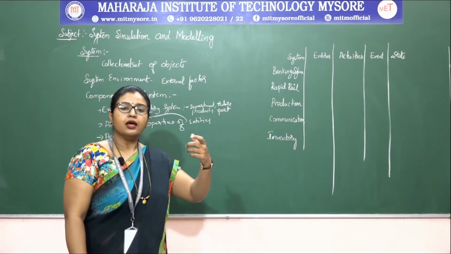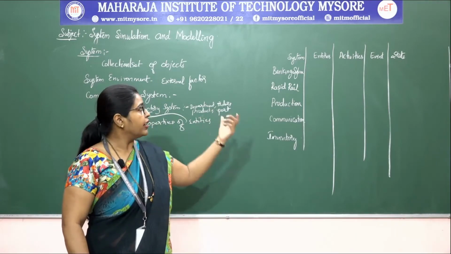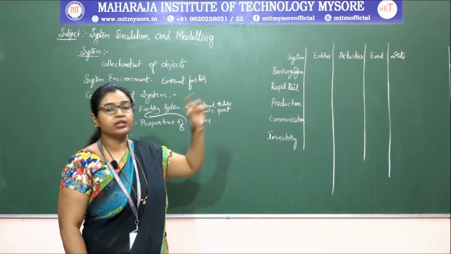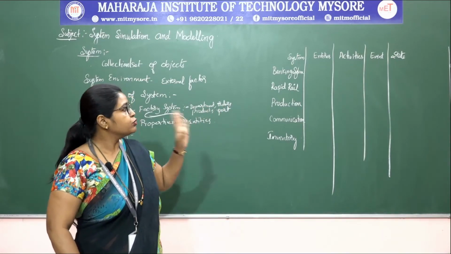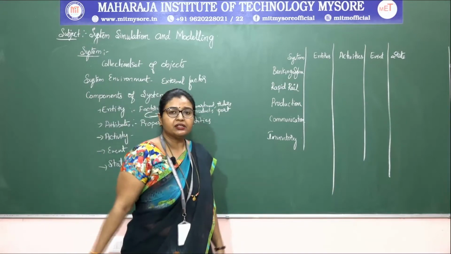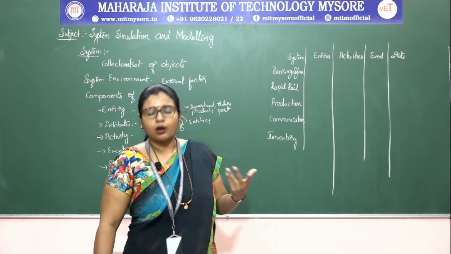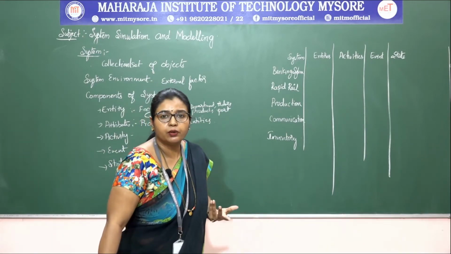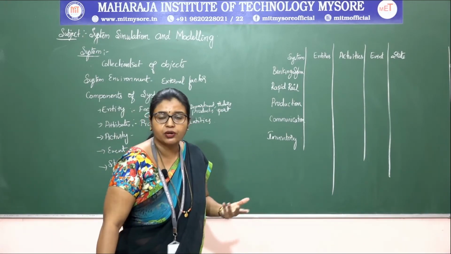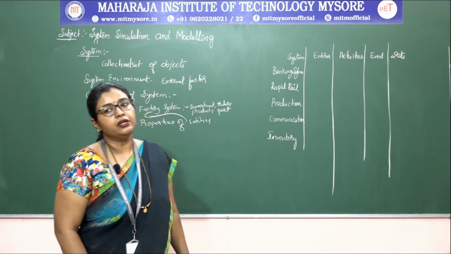If you are considering the entity as a customer in a banking system, by that time what are all the attributes? The attributes will be the name of the customer, the account information, the account number, or account balance, whatever we have. Those are all considered as the attributes of that particular entity.